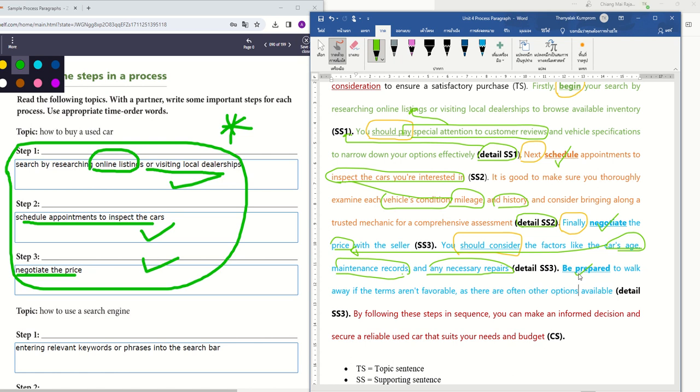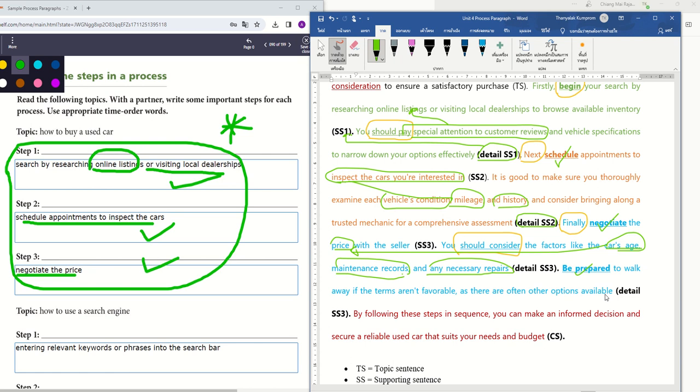You can say no anytime if the dealer cannot provide what you want. Understand? So be prepared to walk away if the terms are not favorable, as there are often other options available, because there are still any other second-hand shop available for you.